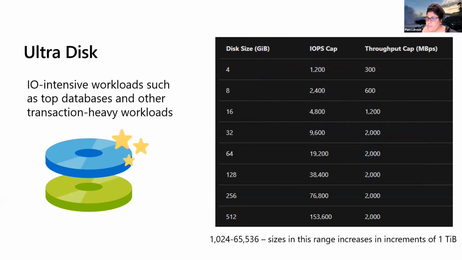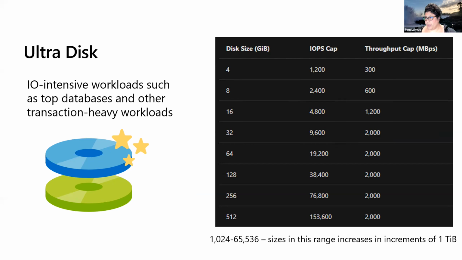And then, of course, we have UltraDisk. UltraDisk works a little bit differently. You can actually provision capacity separately from IO and throughput, so you can customize UltraDisks a little bit. Say you only need a terabyte of storage, you can still move the IOPS and throughput higher for those smaller drives. This gives you a little more flexibility. You probably wouldn't have to do a storage pool with UltraDisk.